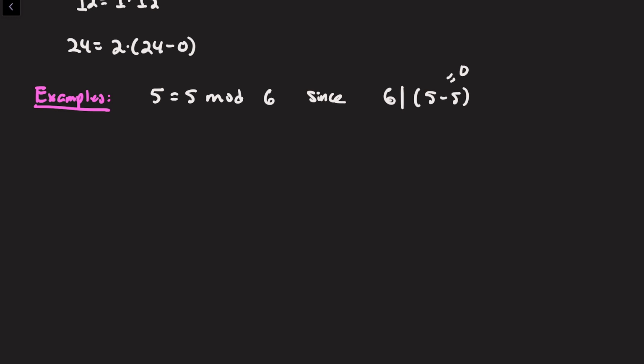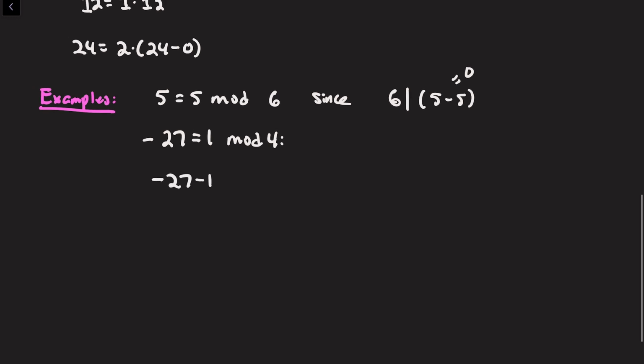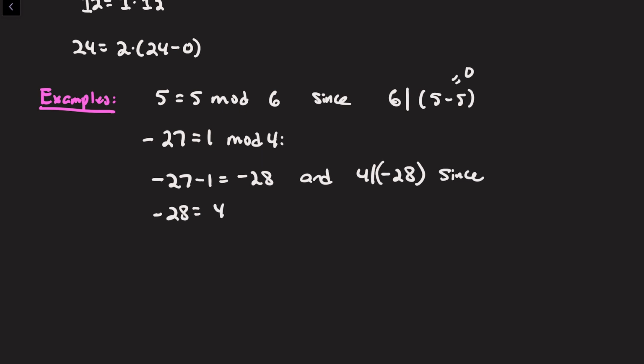What about minus 27 equals 1 mod 4? Yeah, we can do that. Minus 27 minus 1 is negative 28, and 4 divides negative 28, right? Since negative 28 equals 4 times minus 7. So that should be pretty clear.